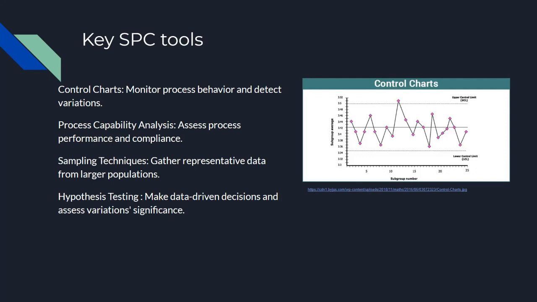And then capability analysis, you're just looking at the performance and how it's actually doing. Sampling techniques, and we're going to go more into that in a later slide, but we're going to talk about the two different types of sampling techniques and the pluses and minuses of both. Then hypothesis testing, which is looking at making decisions based off of the data we're given and deciding how important some of the variations in the data actually are.